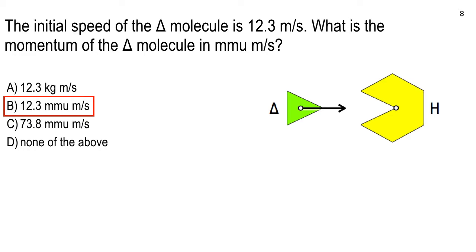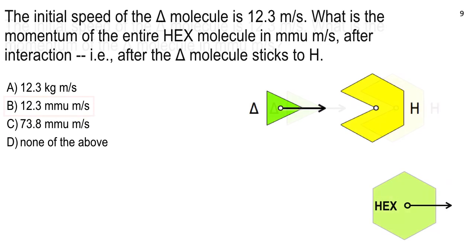All right, so let's do another question. Question 2, here it is. Slightly different. What is the momentum of the entire hex molecule? That's the light greenish yellow hexagon down at the bottom.